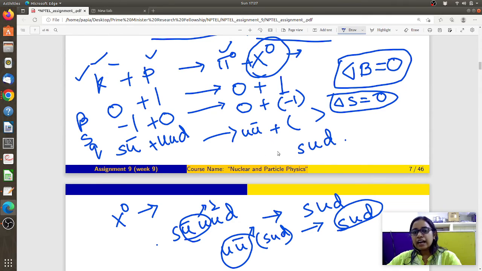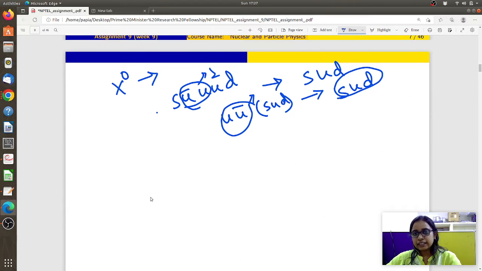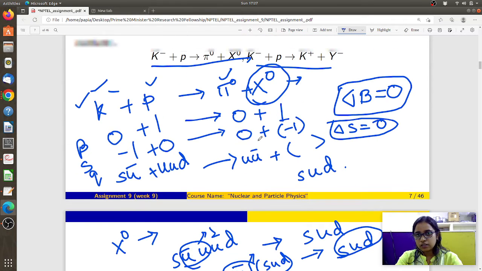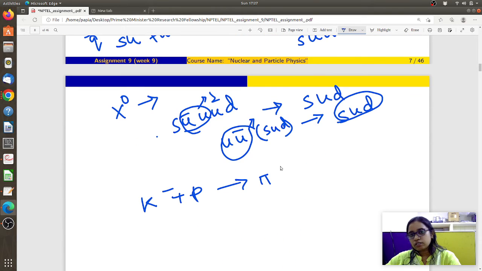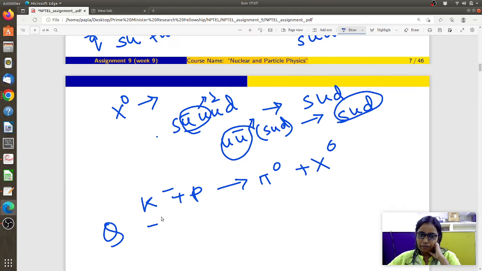Now coming to the charge part. I was just checking whether it is correct. The expression was K minus plus p goes to pi 0 plus X0. K minus has a charge of minus 1, p has a charge of plus 1, and pi 0 has a charge of 0.